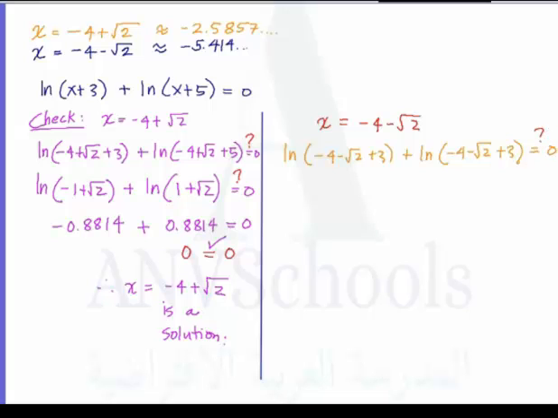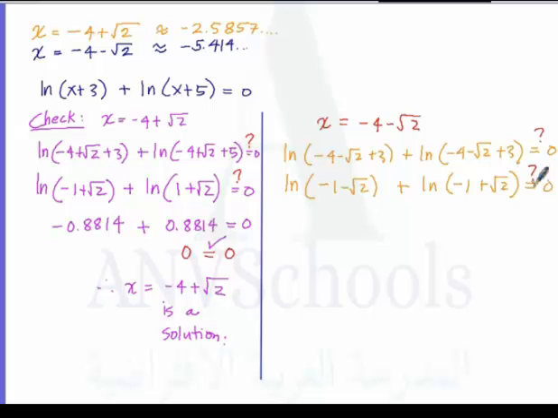Let's see. We will have ln of negative 1 minus square root of 2 plus ln of negative 1 plus square root of 2. Is this equal to 0?